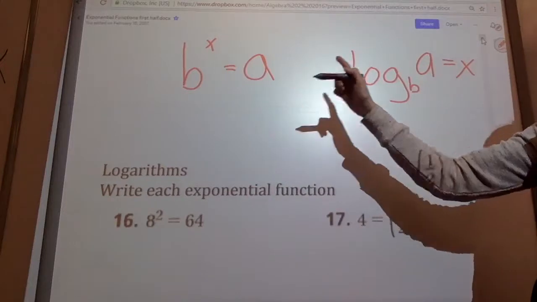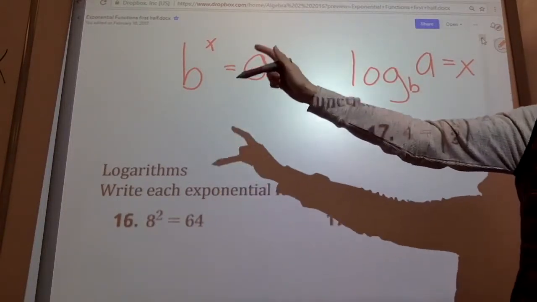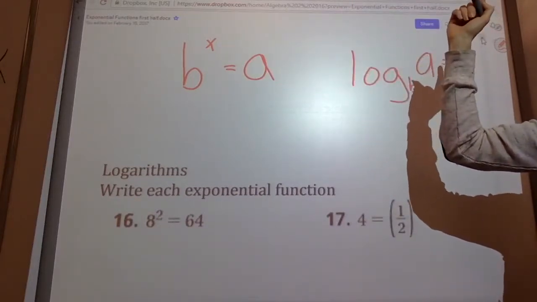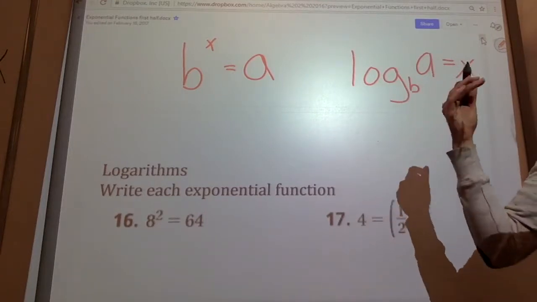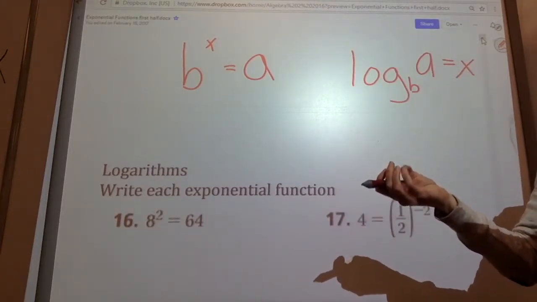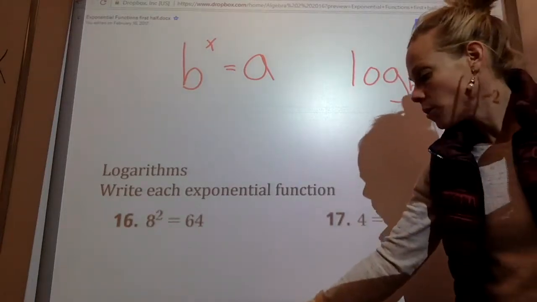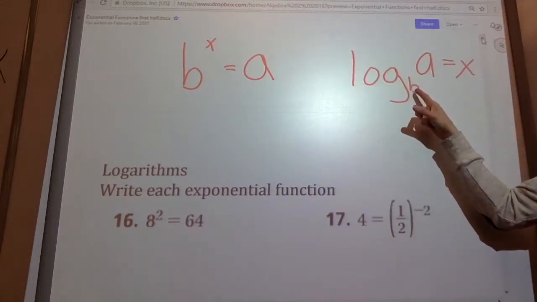So we need to look at this property. This is the most important property that we'll have out of all those log properties above my board. It's the very first one, and it's the most important because you cannot continue in this chapter without knowing this property. So if you look at this, it's coded for you. The base of the exponent is the base of the log.